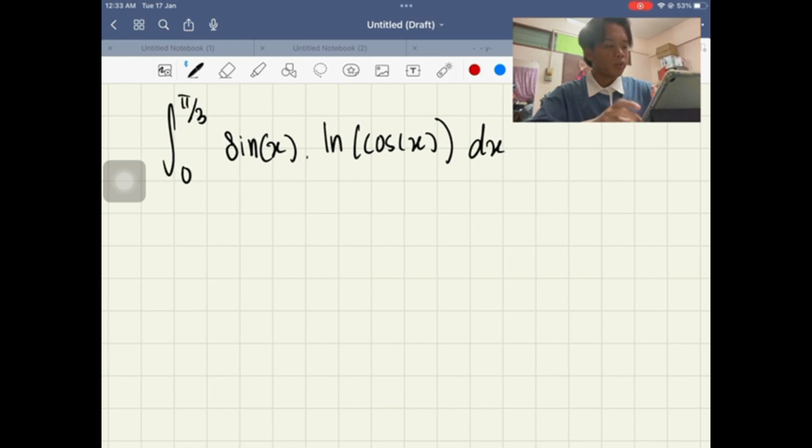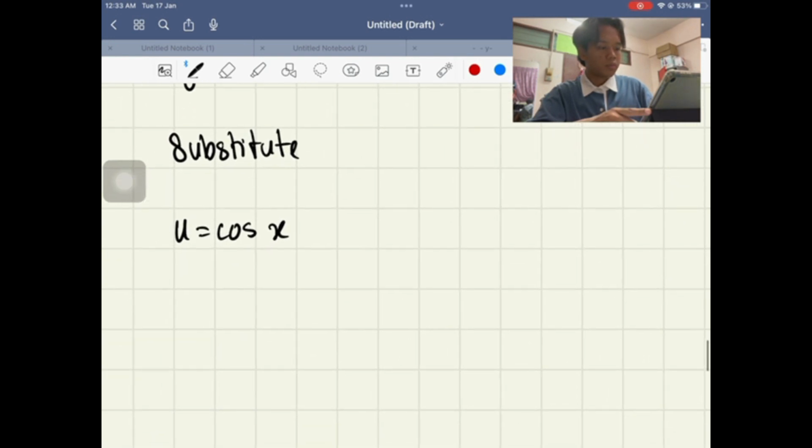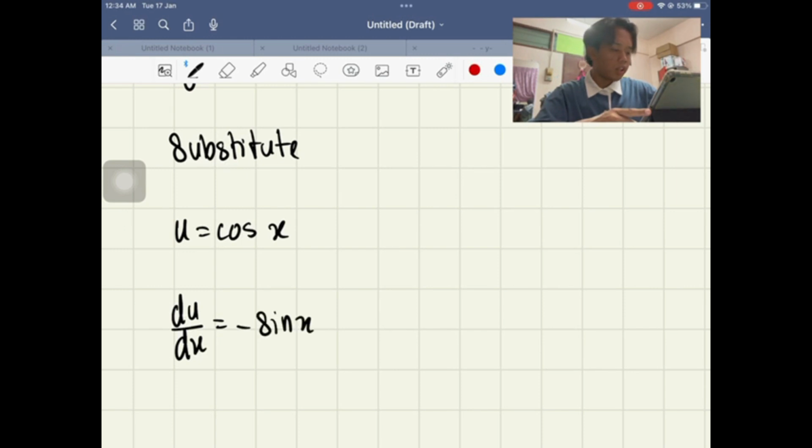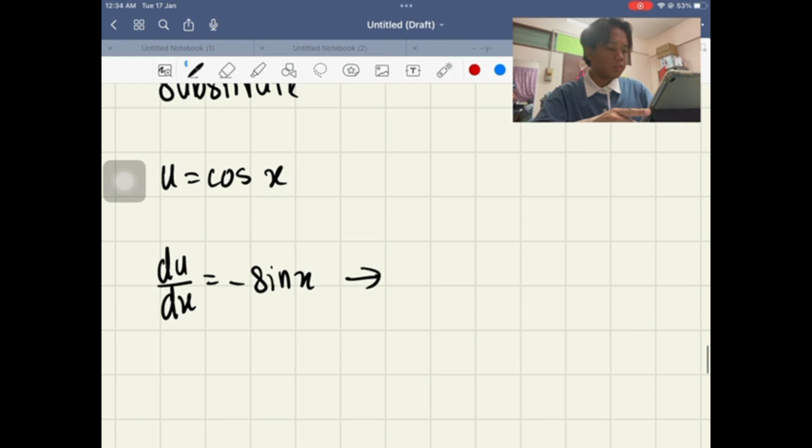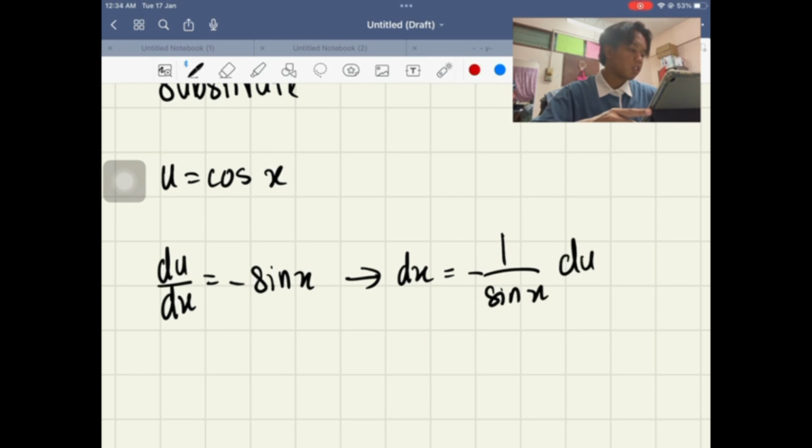So we need to substitute first. I will take u equal to cos x, and then du over dx, the derivative of cos x, is negative sin x, and this becomes dx equal to negative 1 over sin x du.